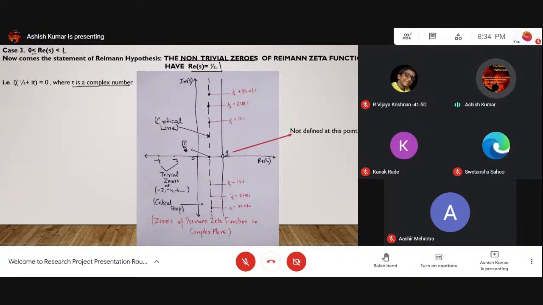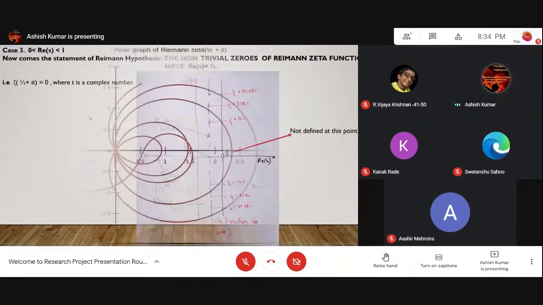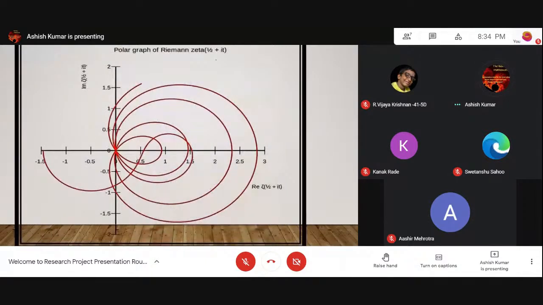This line is called the critical line, and as I've shown in the previous slide, these were the trivial zeros. This strip is called the critical strip, where all the non-trivial zeros of the zeta function are. And we have proved in the previous slide that it is not defined for this point. Now this is the polar graph of the Riemann zeta function of half plus it.